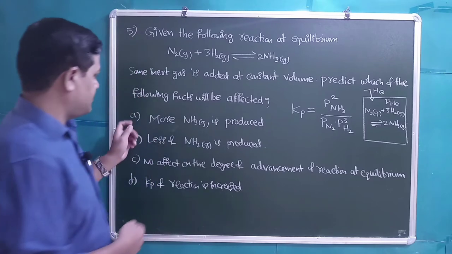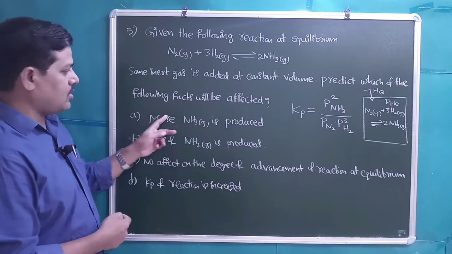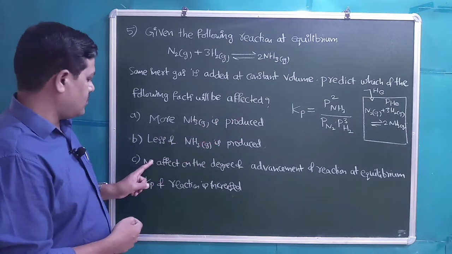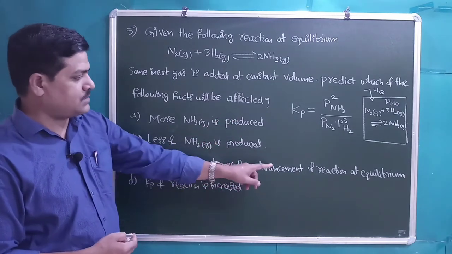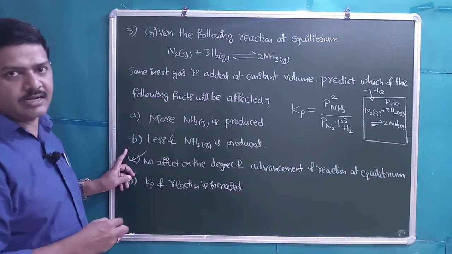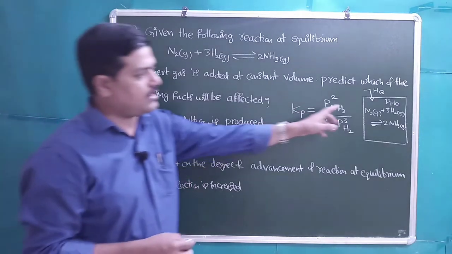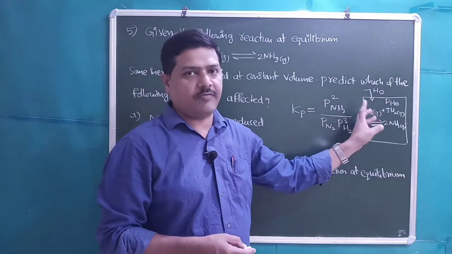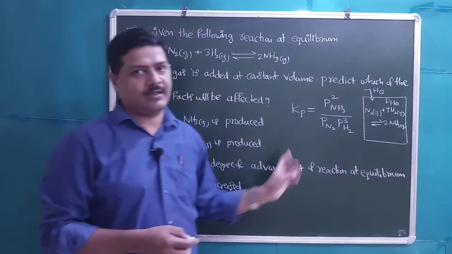So let us observe the options given. More NH3 is produced, there is no change in the equilibrium, no effect on the degree of advancement of reaction at equilibrium. This is correct, right? According to Le Chatelier principle, addition of inert gas to the equilibrium system at constant volume has no effect on equilibrium. Let us take the next question now.